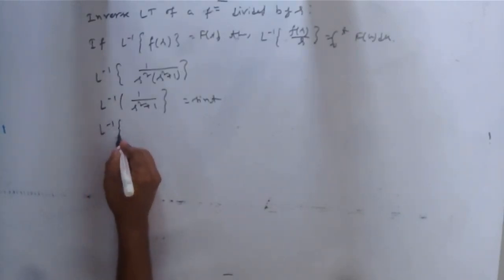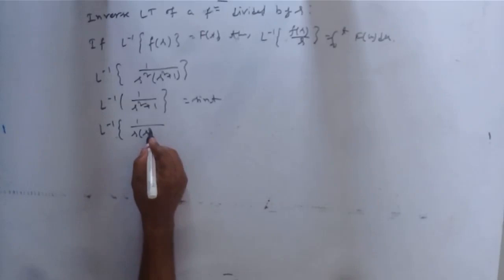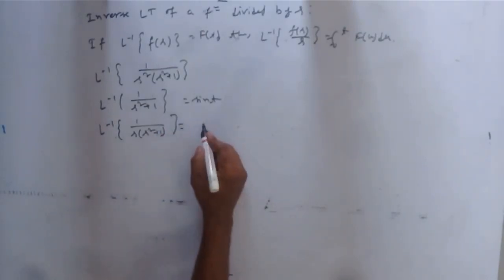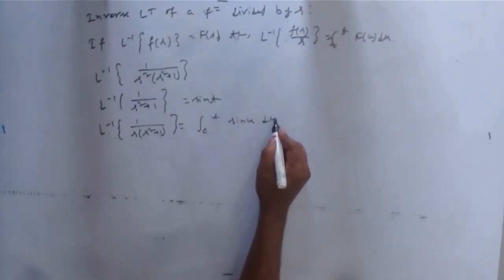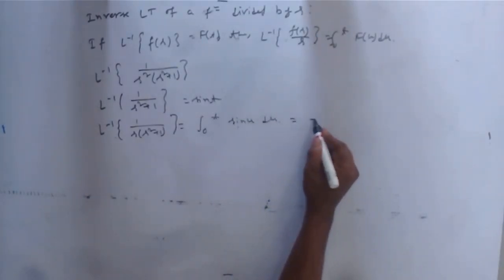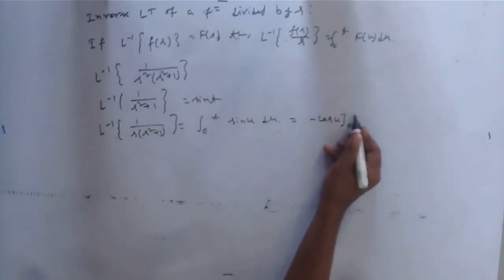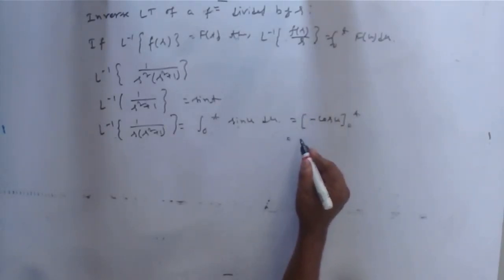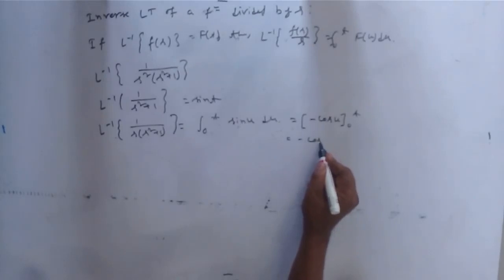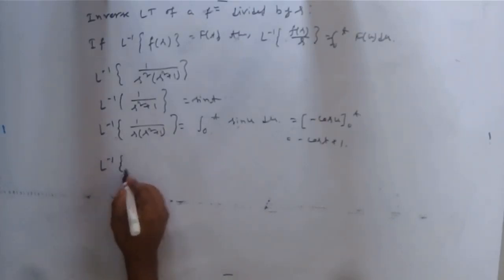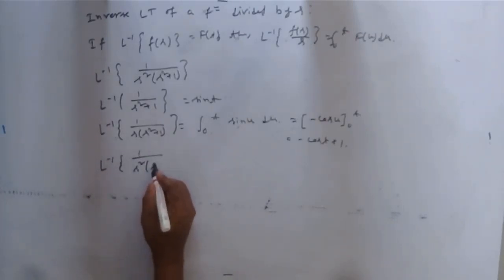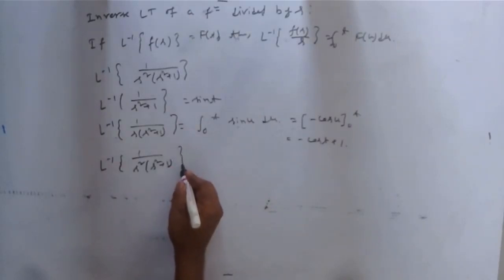So L inverse of 1 by s into (s square plus 1) will be integration 0 to t sin u du, that will be minus of cos u from 0 to t, that is minus cos t plus 1, 1 minus cos t. Again this function has been divided by s, that is 1 by s square into (s square plus 1).